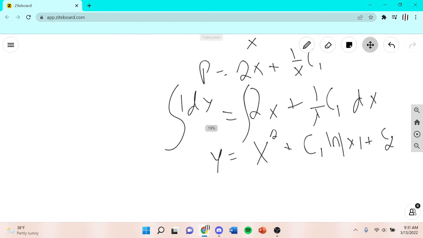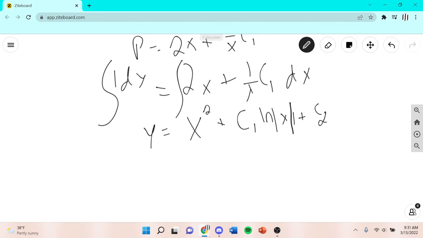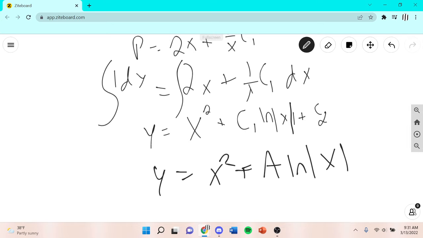So this is what it's equal to, but we like putting it in a general form, which looks more like what you'd visualize when you graph it. So you're just going to say y is equal to x squared plus a ln x plus b. This can also be ln of x to the a, but it seems simpler this way.